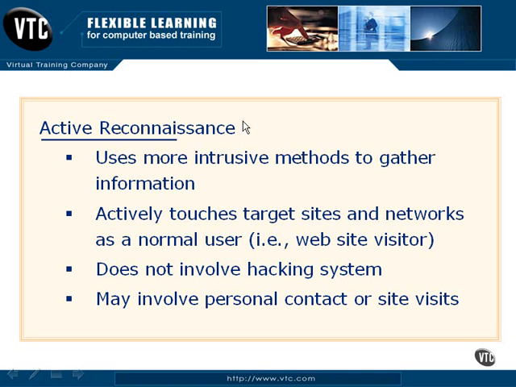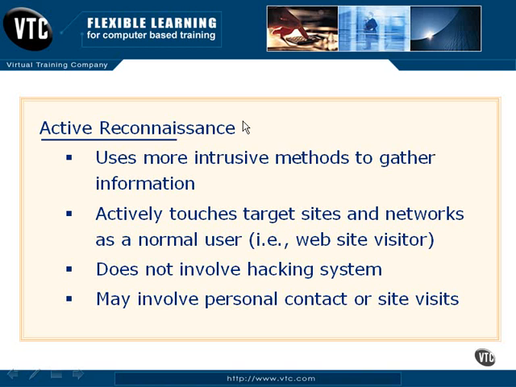And always keep in mind, even when performing passive and active reconnaissance, the goal here is to think outside the box, because that's what hackers are going to be doing, and we want to be on that same level with them. So we want to be thinking of ways that we can extract information from that company using fairly normal methods.